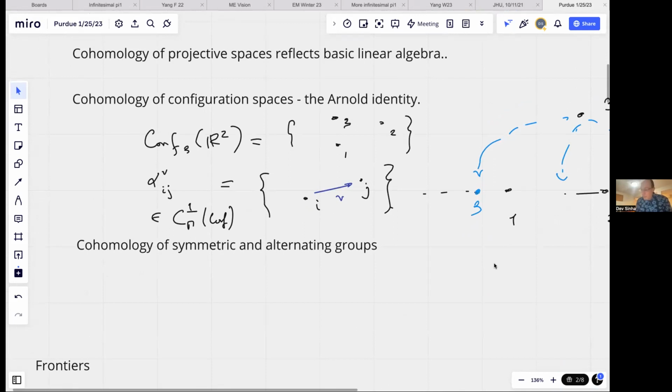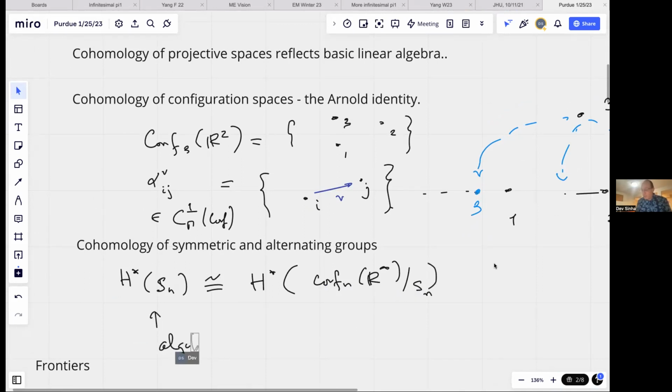So the cohomology of a symmetric group ends up being the same as the cohomology of configurations of endpoints in R infinity modulo the symmetric group action. I won't sort of review why, but this is just something in algebra, or at least you can define it for your algebraic colleagues purely algebraically.